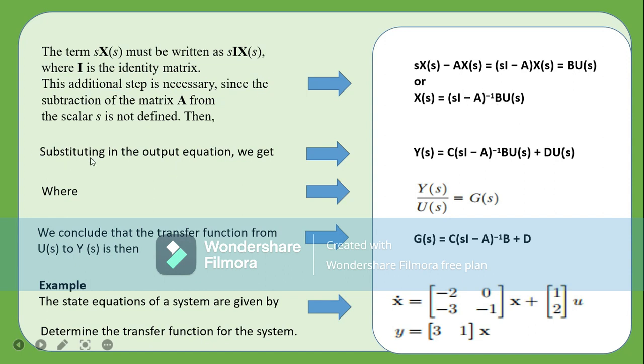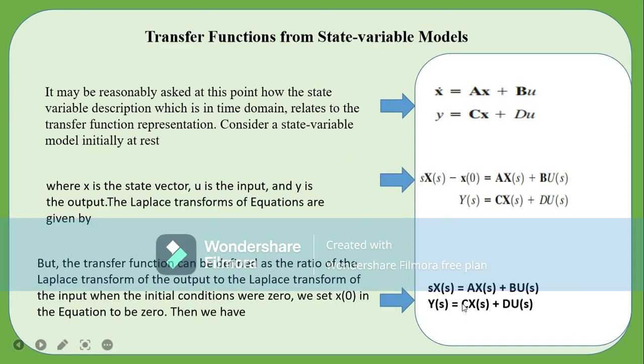Then we go substituting in the output equation. We have already established a relationship for S of x. Then now we substitute what we have here, because remember, in the equation for y we have C S of x. So we're going to substitute that S of x into this.